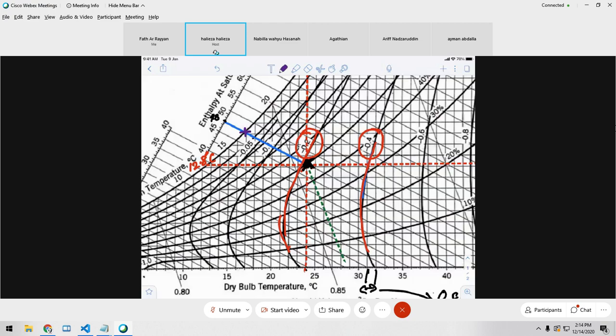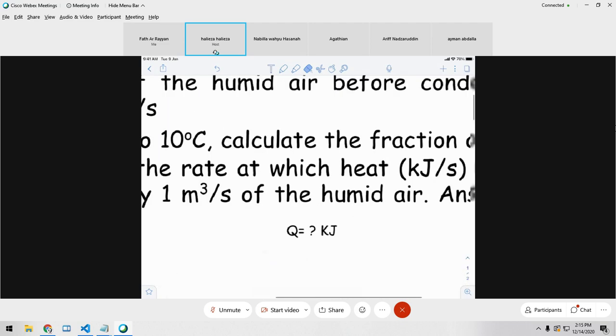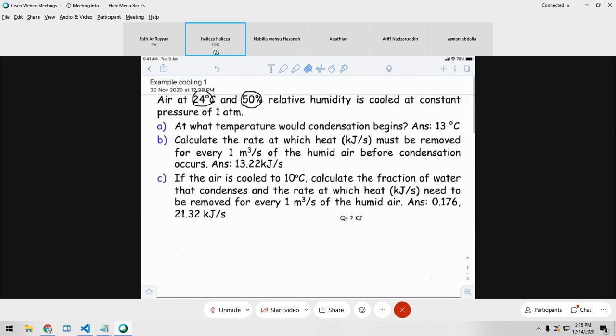Draw a horizontal line toward the saturation line, yes, 100%. The dew point should be around there, not the one that I marked here. That is wrong. So the dew point is 12.8, but the solution gave a value of 13. That's close enough.